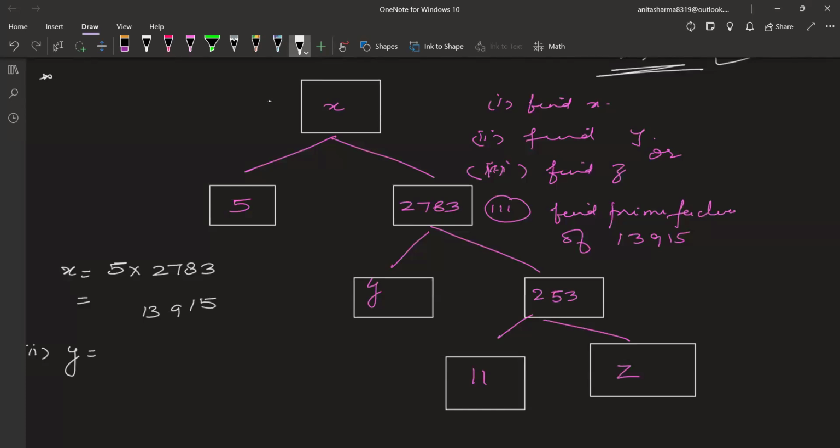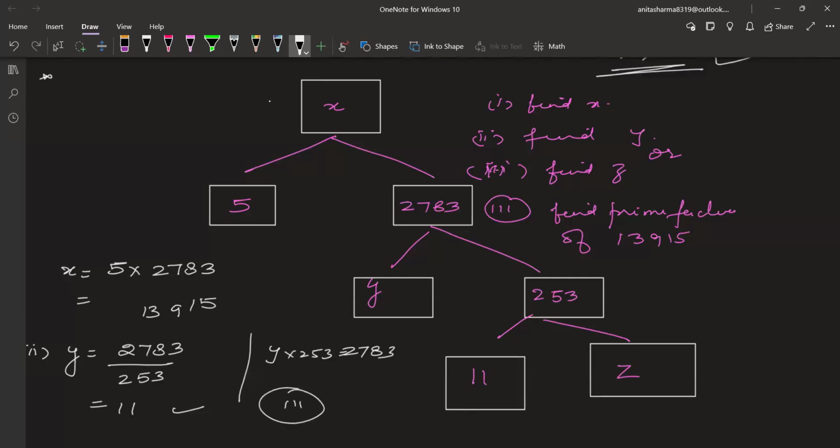Yes, because see, y into 253 is equal to 2783, right? So the value of y will be 2783 divided by 253. Now 253 ones are 253, then again 253. So the value of y will be 11. Got it, children? Yes, ma'am.